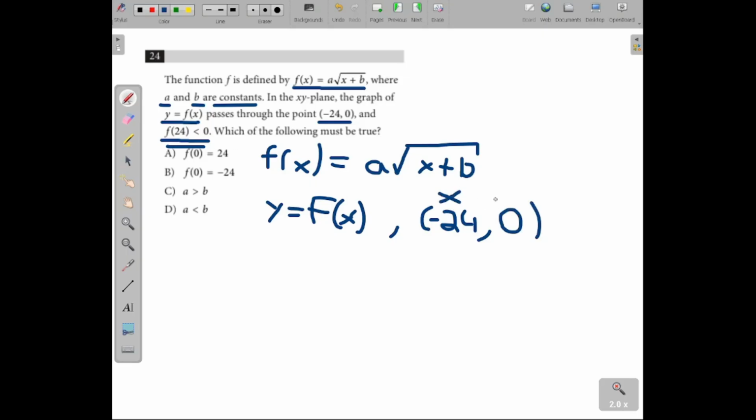For x is negative 24, for y will be 0. So we have this equality. If we replace y in the function, y will be equal to a square root of x, x is negative 24, plus b.